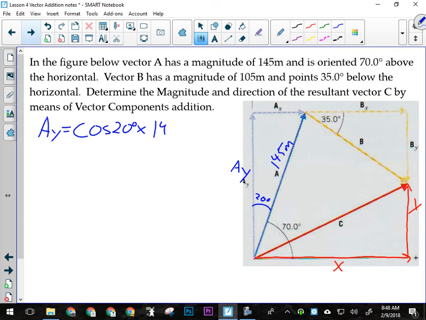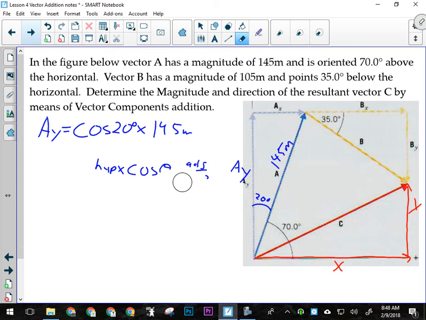So times 145. Now, where did I get this formula from? Remember that this is the rule here. The cos of theta is the adjacent side divided by the hypotenuse. So all I did was solve for adjacent by multiplying by hypotenuse. So that's where I got that formula from. I just manipulated the cosine formula.